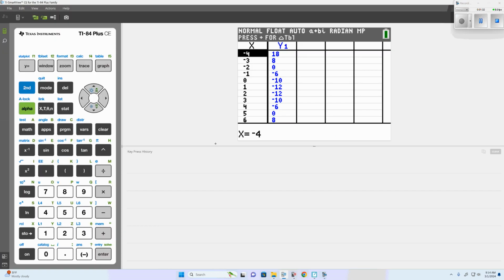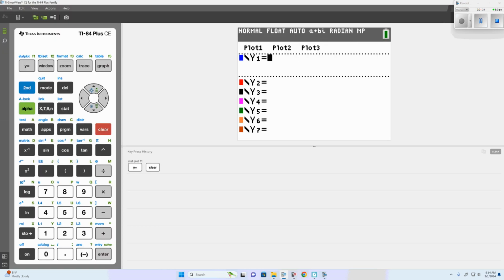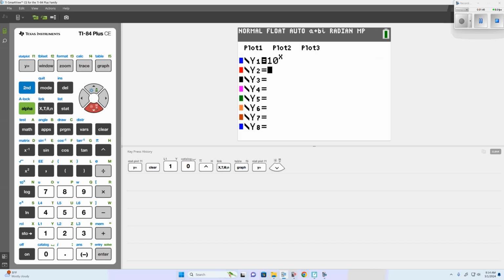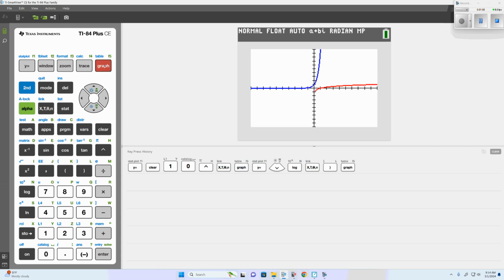And we can look at this here. So we could say y equals 10 to the x, and we get this graph here. And logarithms, log of x, is this one here.